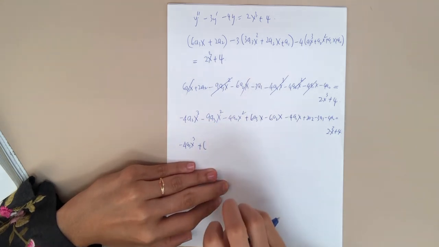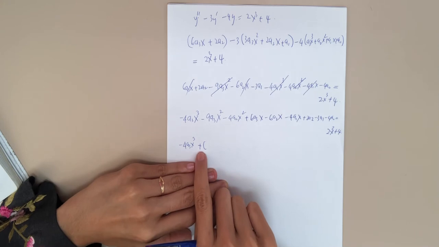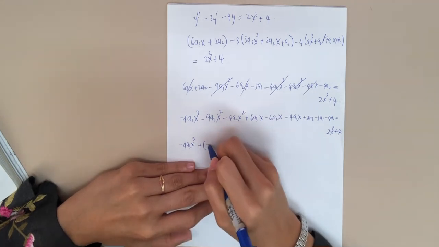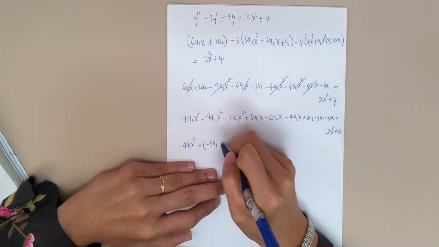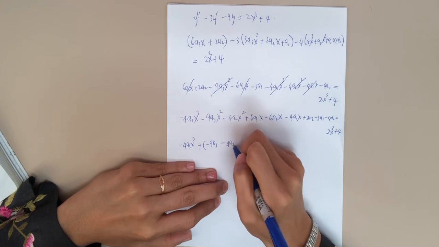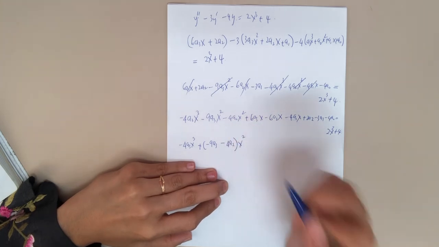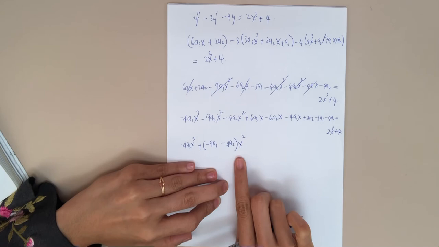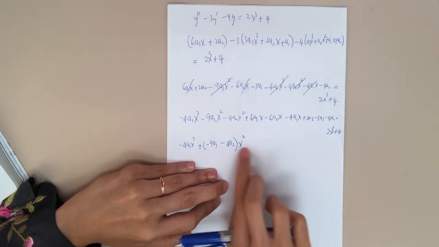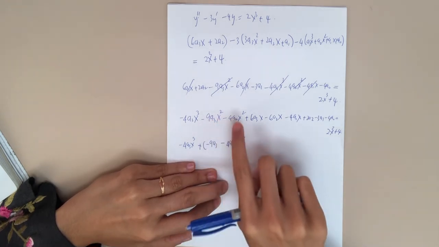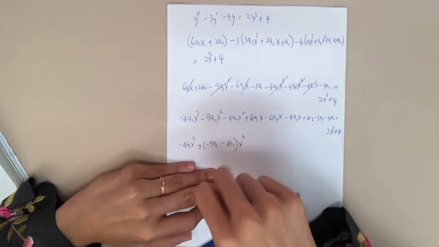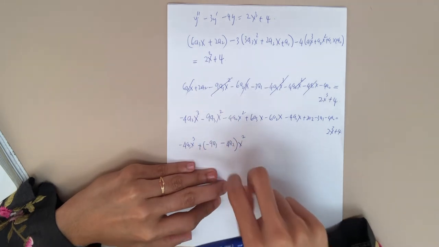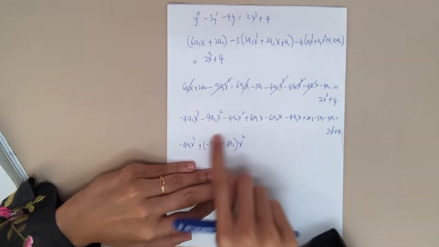It means you need to bring them together, because I already put plus in front of here. So that means it's 9a3 minus 4a2, close the bracket, and write your x squared outside. If you open the bracket back, you will get these two back. So I just want to gather the coefficient of x squared.